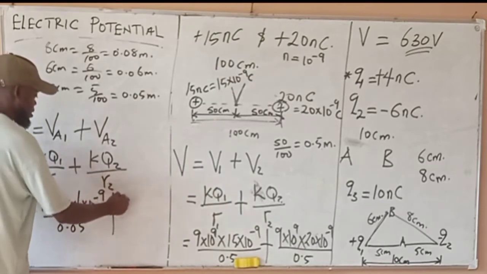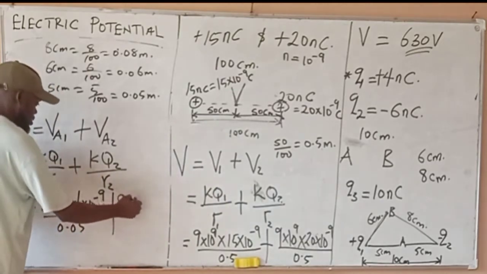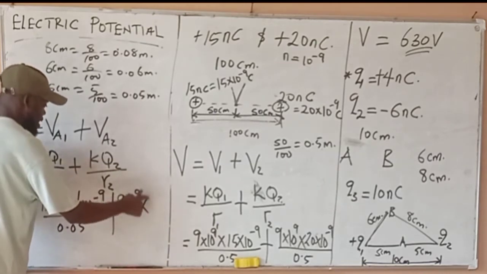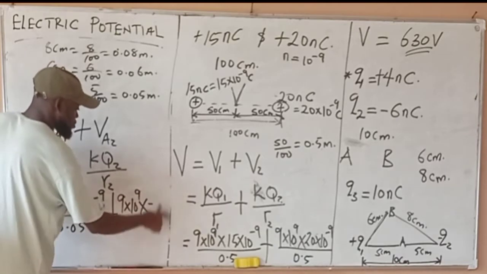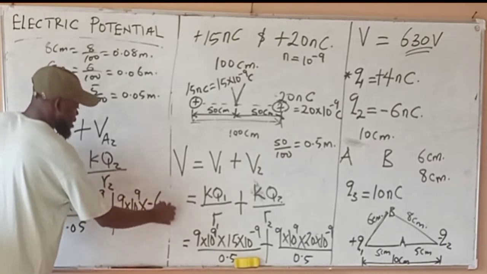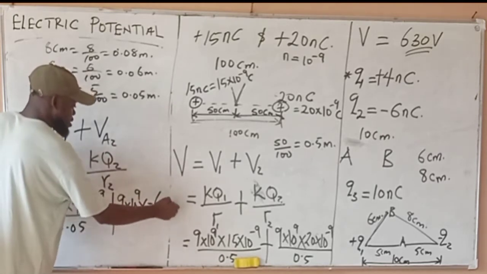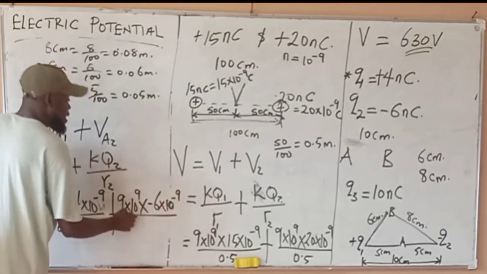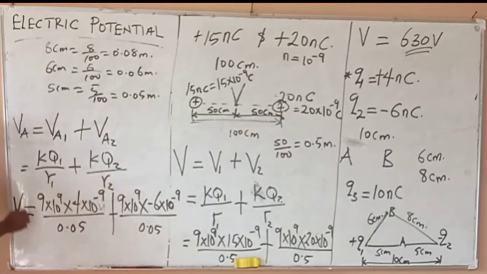Plus 9 times 10 to the power 9 times Q2, which is minus 6 times 10 to the power minus 9. The minus stays here because you are dealing with scalar quantities. That's divided by 0.05. So that will be the potential at A.